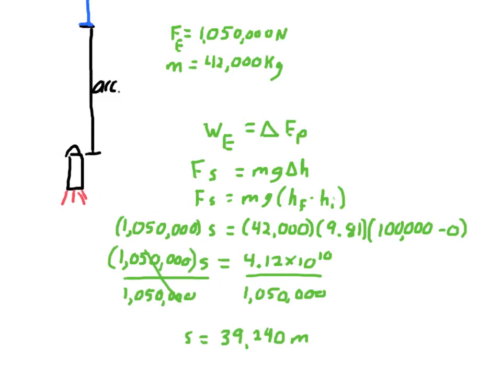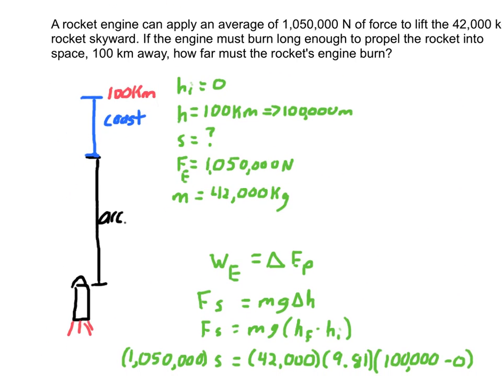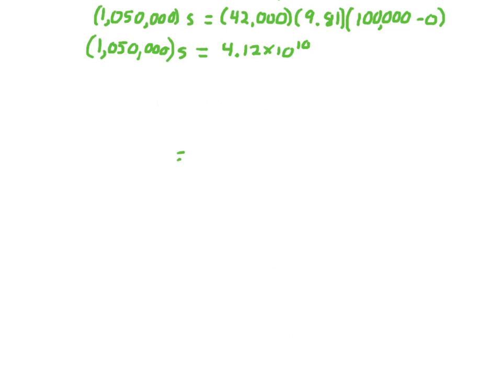Coming back up to look at my significant figures, I'm going to come back into my problem and put a decimal right there, if that's okay, for 100 kilometers. That'll give me 3 sig figs, limiting me here with this number to 2 significant figures. Meaning it turned out that the rockets have to burn for 39,000 meters. In kilometers, that's 39 kilometers approximately.